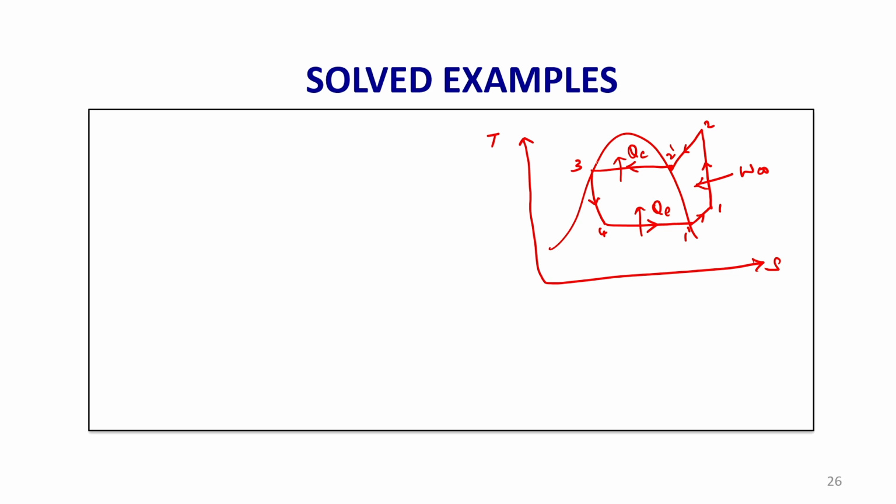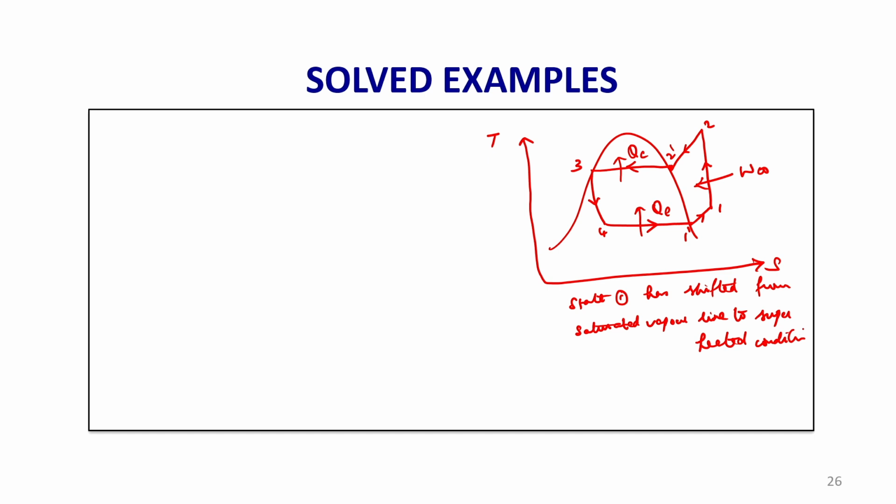So, here the enthalpy at 3 equals enthalpy at 4. Now, state 1 has shifted from the saturated vapor line to superheated condition.